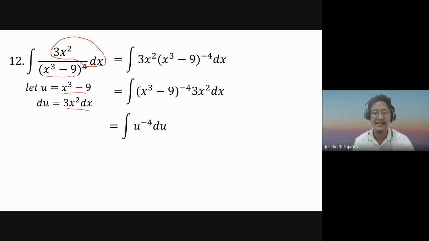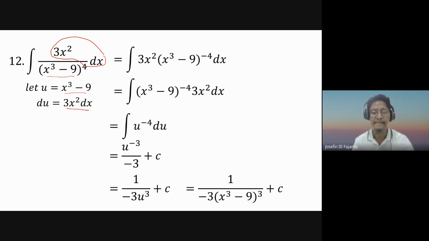And then u minus 4 du, integral of that. Add 1 ulit, di ba? So plus 1, so this will become u to the negative 3 over negative 3. Okay, and then we have this. Any question?